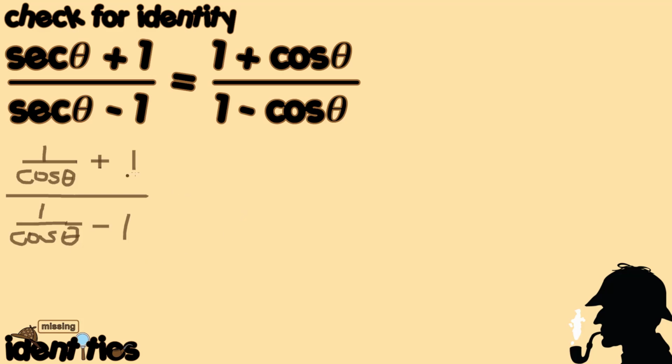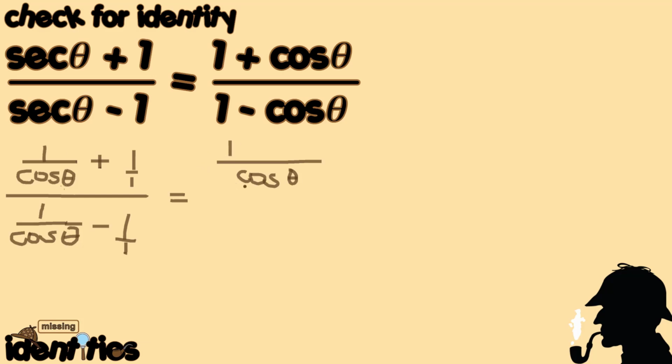That would mean this one here can be understood as over 1, and the same for this denominator. In short, the LCD of the expressions in our numerator, cosine theta times 1, is cosine theta. When we do that, cosine theta divided by cosine theta is 1, times 1. We have 1 here.